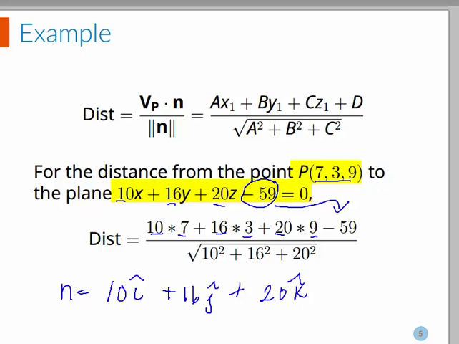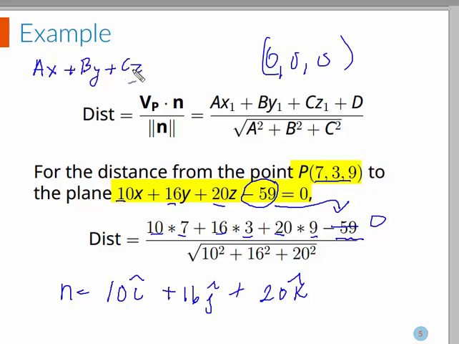If 0, 0, 0, the origin, happens to be a point in the plane, then this will be 0. But if it's not, the term goes here. The only thing you have to watch out for is that if you're looking at an expression for a plane and it's written like this, then whatever value is over here, you have to change the sign of it.